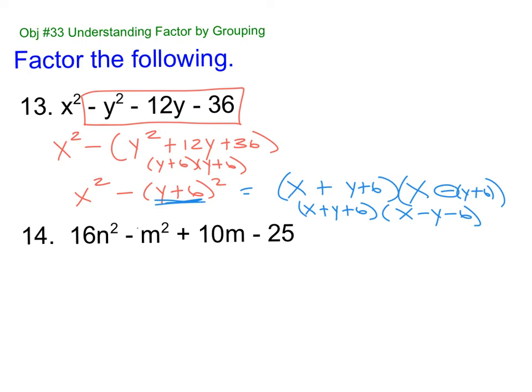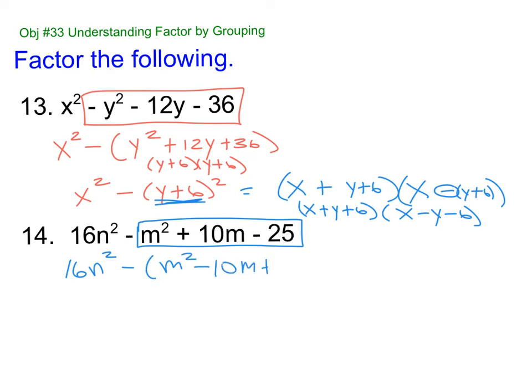All right, so the first thing I'm going to do here is factor out that negative. 16n squared minus m squared minus 10m plus 25. That's going to make this factorable nicely. So 16n squared minus m minus 5 squared.